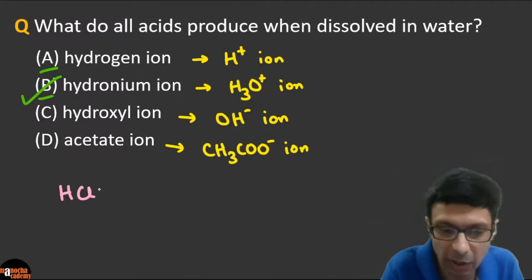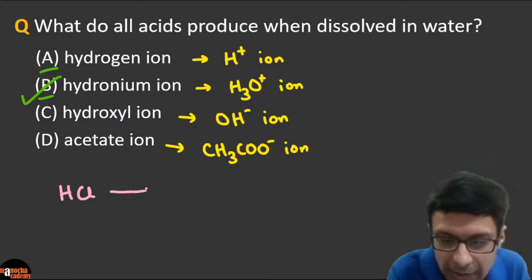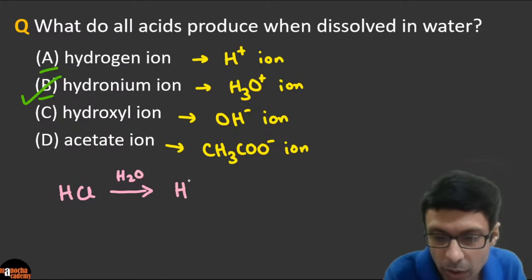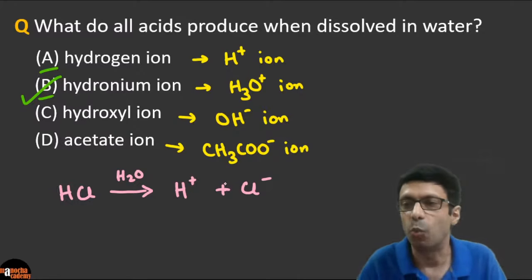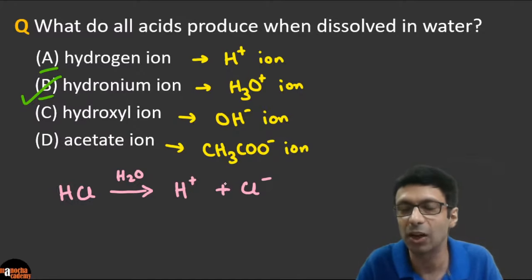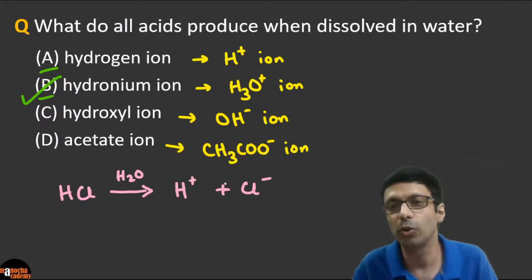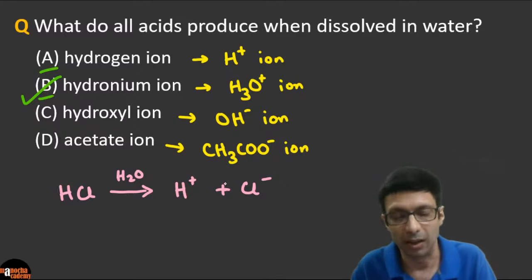So we can write this down as the water tears it apart. So we know it breaks down hydrochloric acid into H plus and Cl minus ions, right? So that's one way of writing it, that water dissociates or breaks down the hydrochloric acid to produce the hydrogen ion and the chloride ion, okay?